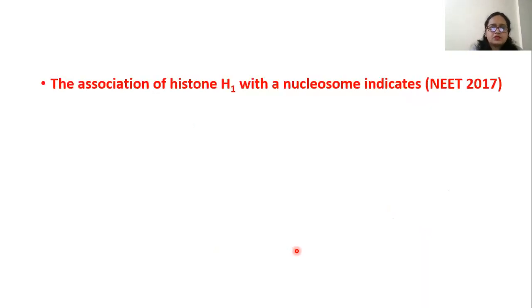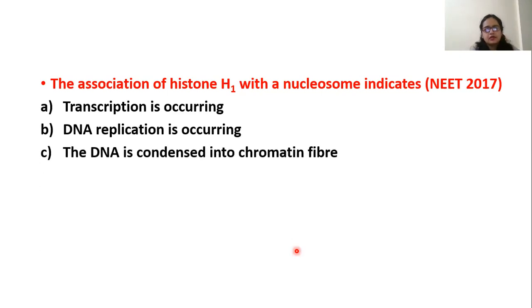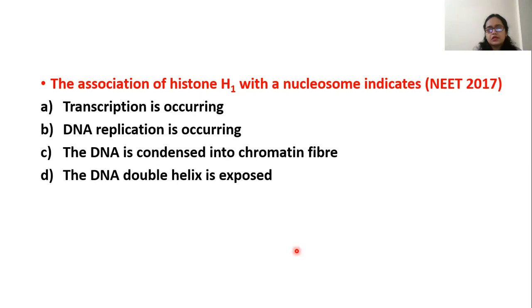In NEET 2017, a question based on these histone proteins was asked, which is as follows. The association of histone H1 with a nucleosome indicates what? Transcription is occurring, DNA replication is occurring, the DNA is condensed into chromatin fiber, or the DNA double helix is exposed.